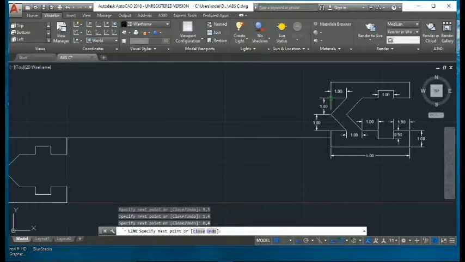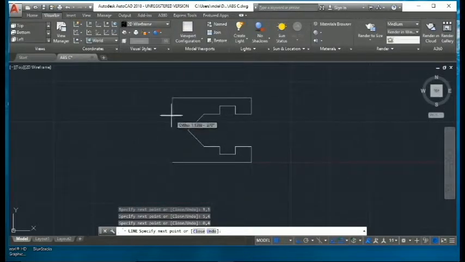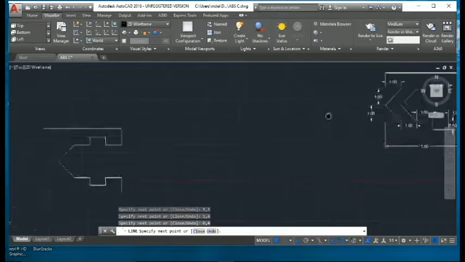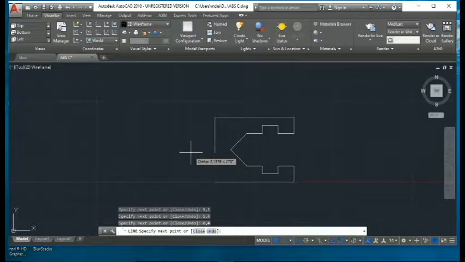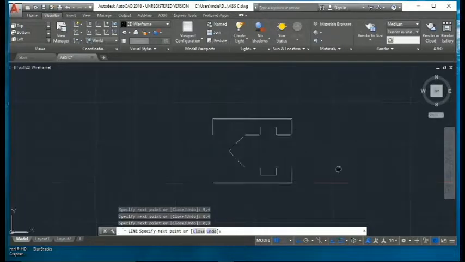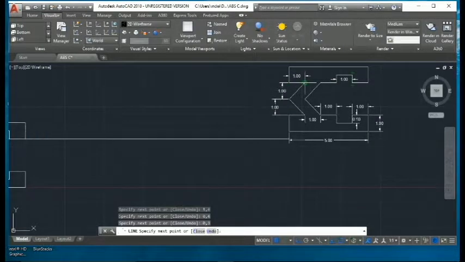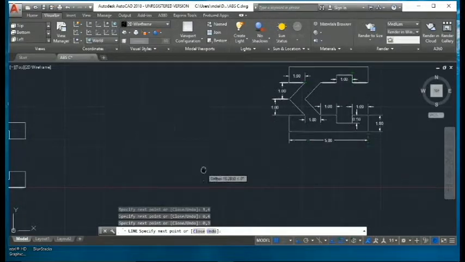And the next point is this point. The coordinate value of this point will be 0, 3. So type 0, 3, then enter. Next point is this point, whose coordinate value is 1, 3.